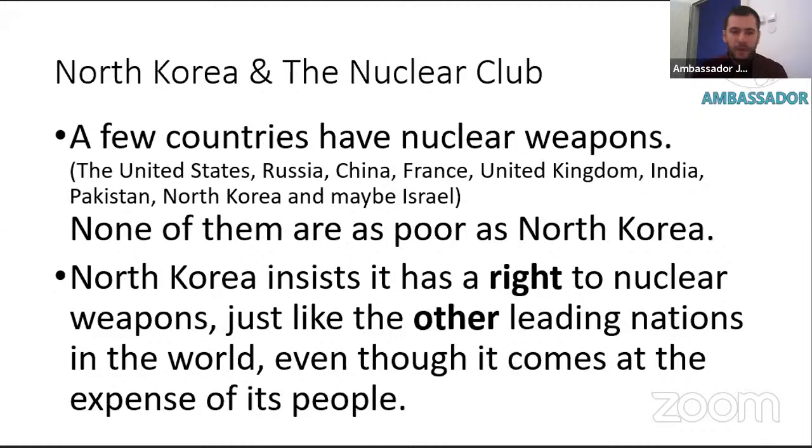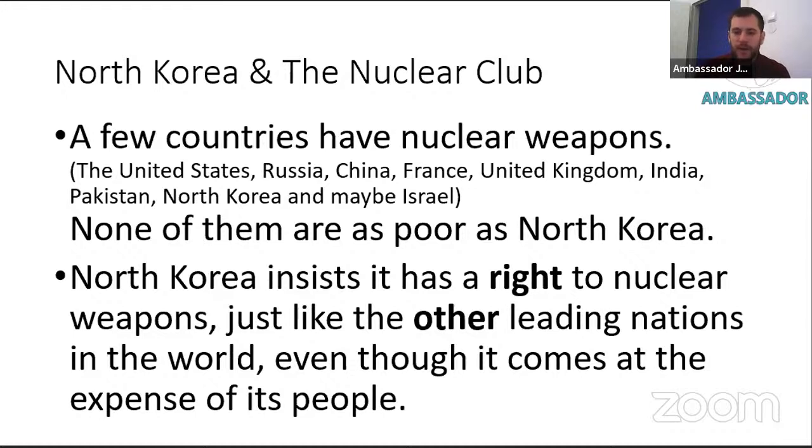So another thing about North Korea, it's in a very small group of countries that have nuclear weapons or even nuclear programs. Most of these countries are huge: United States, Russia, China, France, United Kingdom, Pakistan, North Korea, and maybe Israel. None of them are as poor as North Korea.